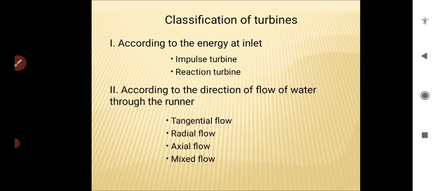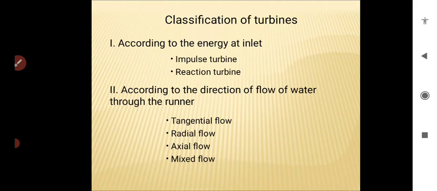In radial flow, the water flows through the runner radially, and there are again two types: inward radial flow and outward radial flow. In inward radial flow, the water enters at the outer periphery of the runner and flows radially inward towards the center.